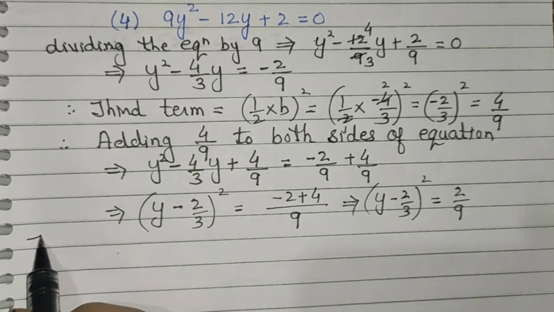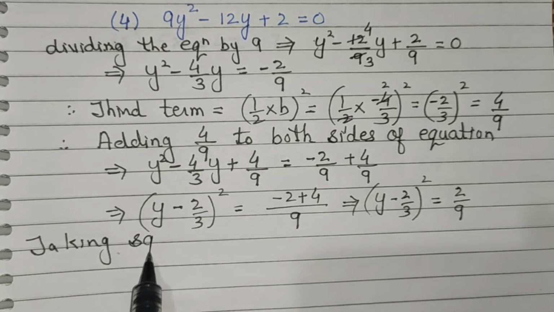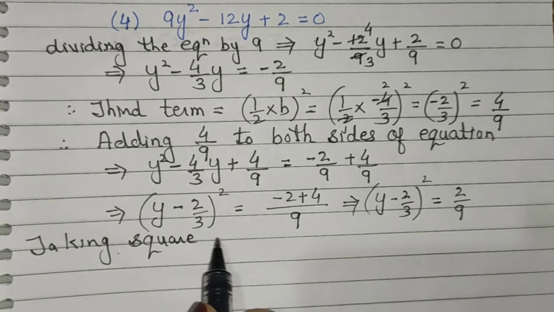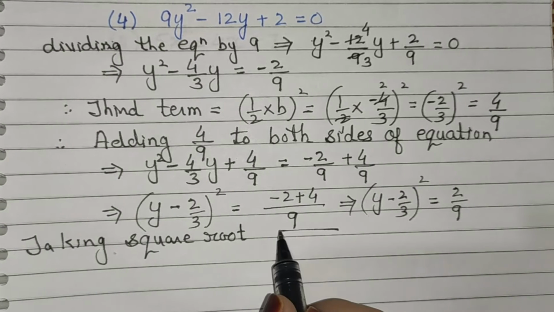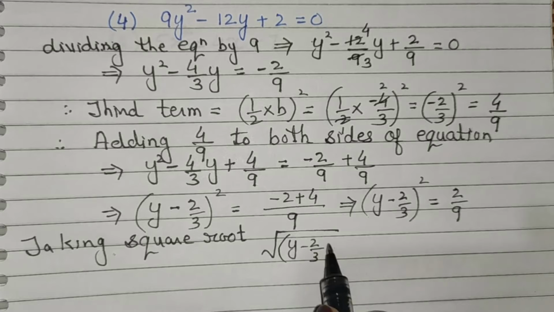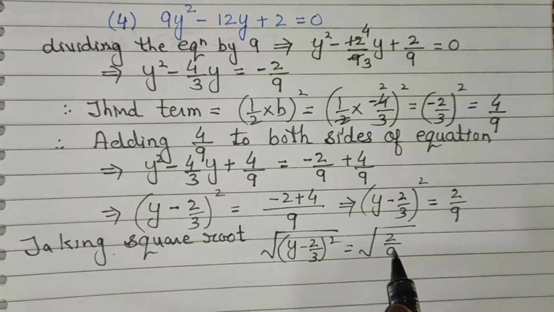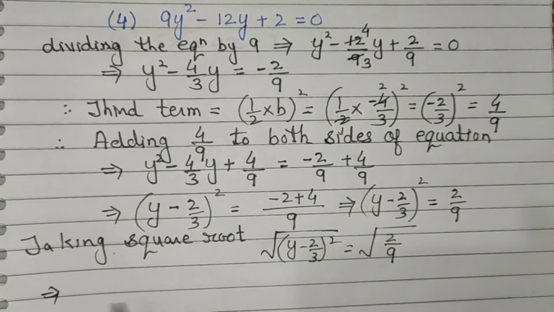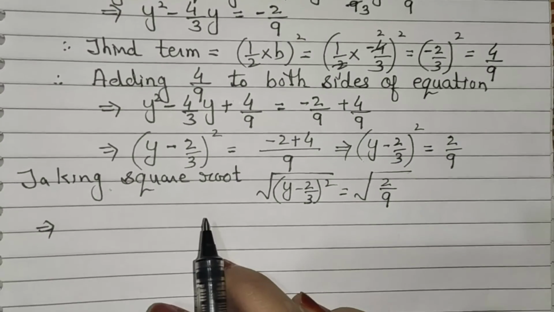Now taking square root on both sides, we get here y minus 2 upon 3 whole square is equal to square root of 2 upon 9. Therefore, square and square root both are cancelled.